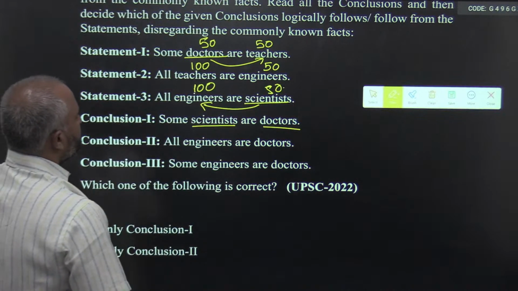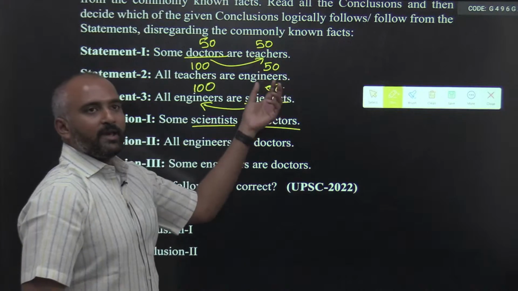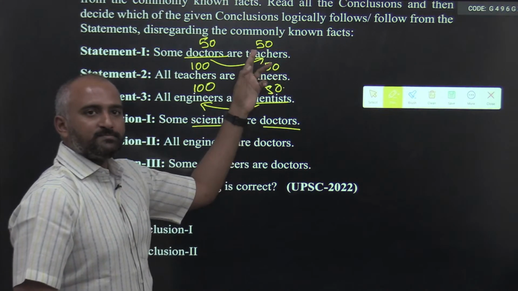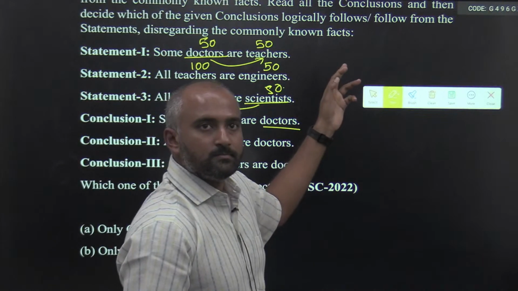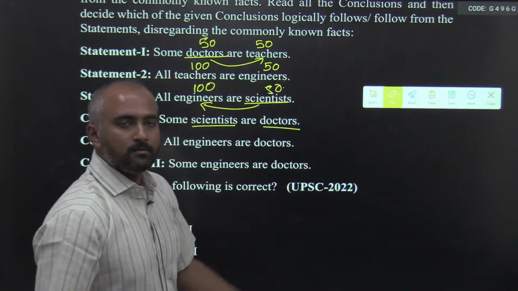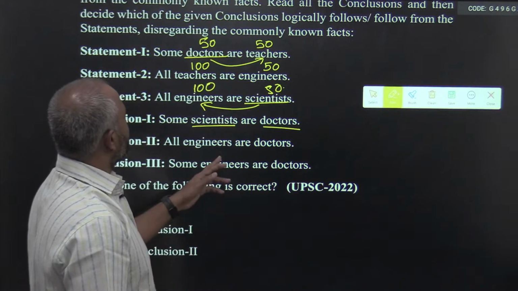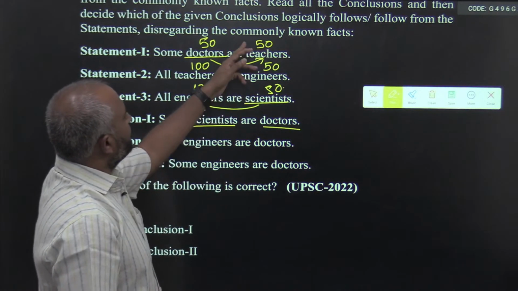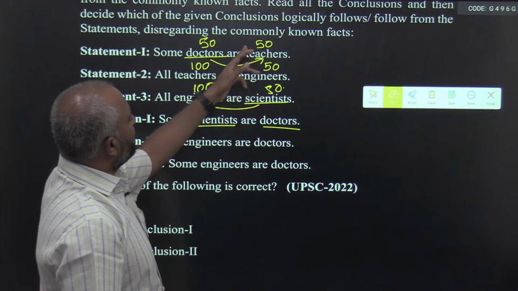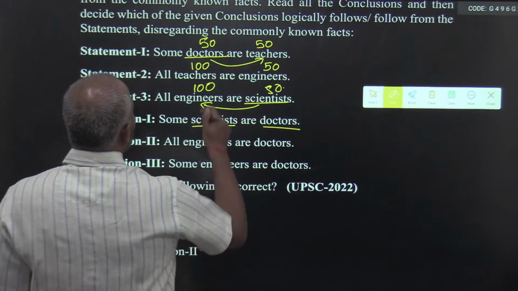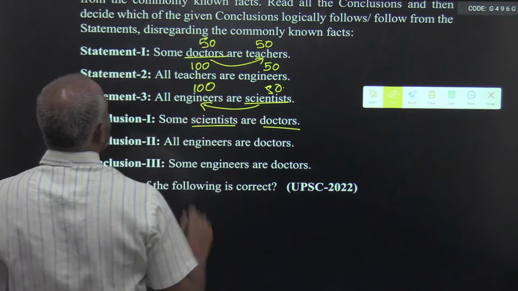I hope you are able to get why we are labeling like this. If it is a positive statement, the object becomes 50, and if it is a universal, the subject becomes 100.